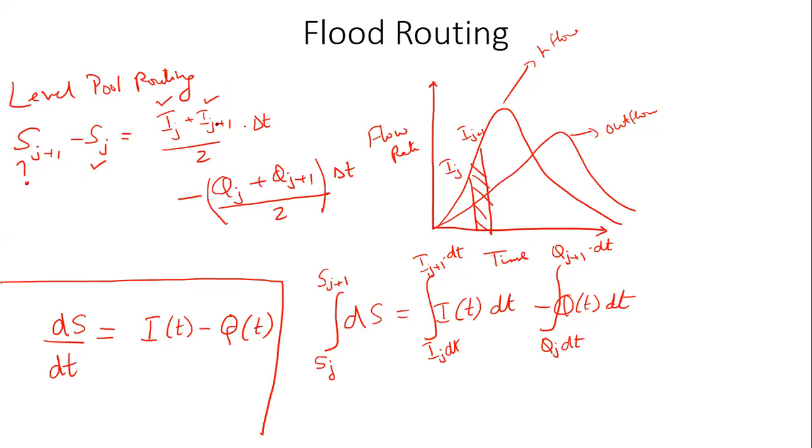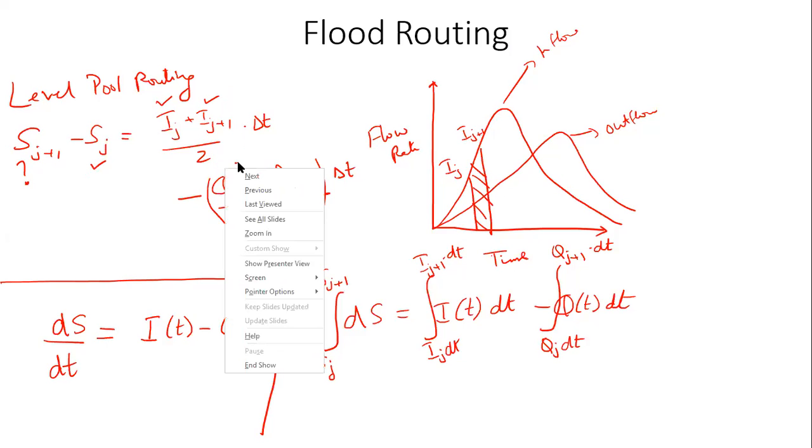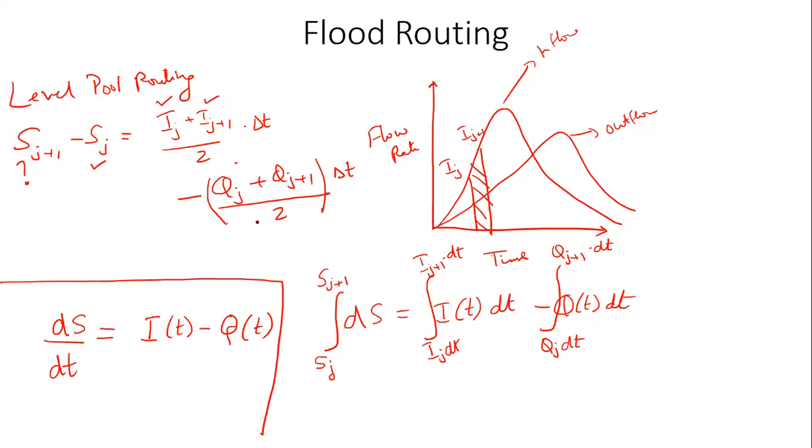Yeah, it's known, right? Because of course we can always go back to time step t equal to 0. If you know it at time t equal to 0, you can find out that at the first time step, and so on. If you proceed, you always know Qj, you don't know Qj plus 1, right? So Qj plus 1 is unknown.